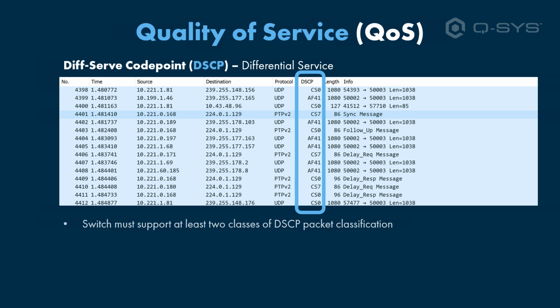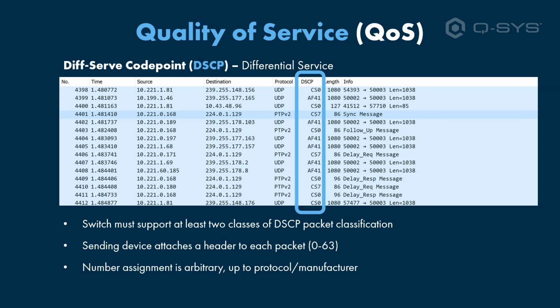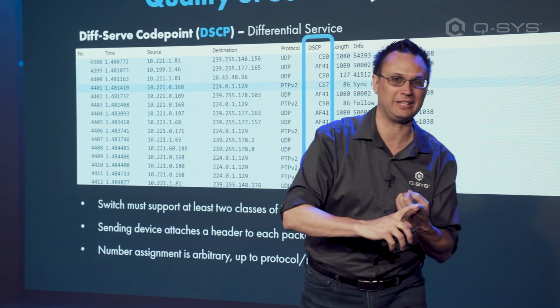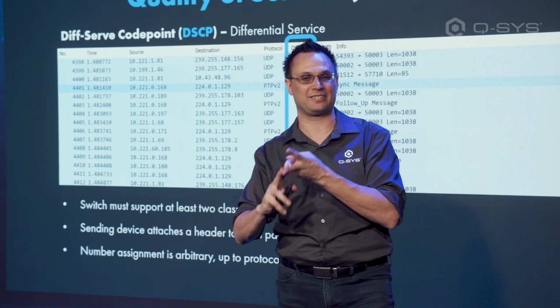Now, your switches must be able to support at least 2 classes of DSCP classification, and essentially there are 64 possible priorities between 0 and 63 that could be assigned. Now, this prioritization assignment is frustratingly arbitrary, because there is no internet rule on what an important packet's number should be versus what a less important packet's number should be.